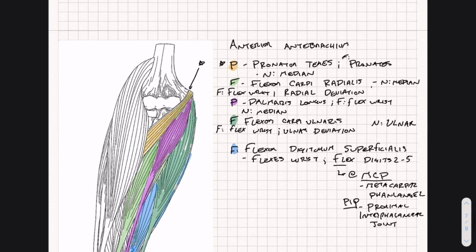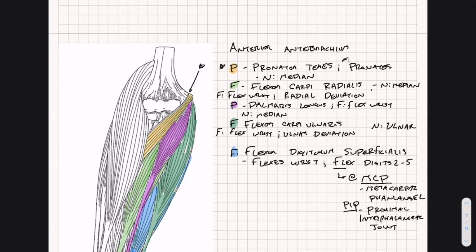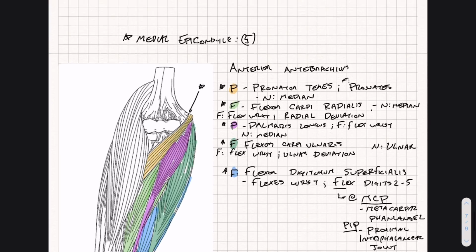So mnemonic for this, these 5 superficial, they all originate on that medial epicondyle. So your medial epicondyle, there's 5 of them. So there's a mnemonic, there's a clean and dirty one. The clean one is you just say pizza, fries, pizza, fries, fries.